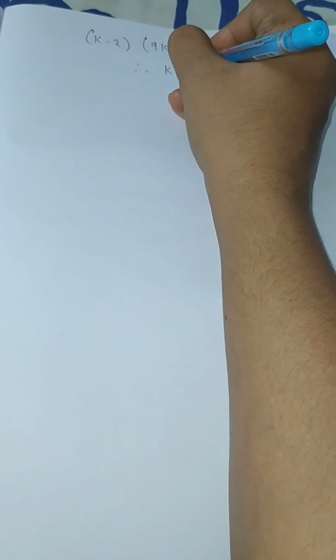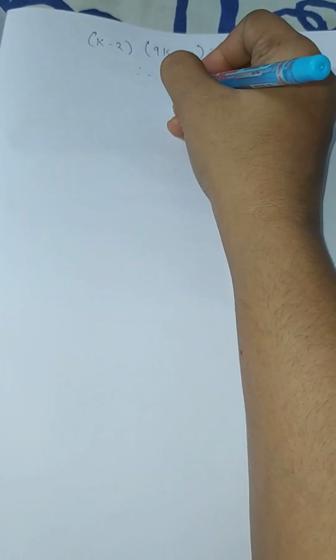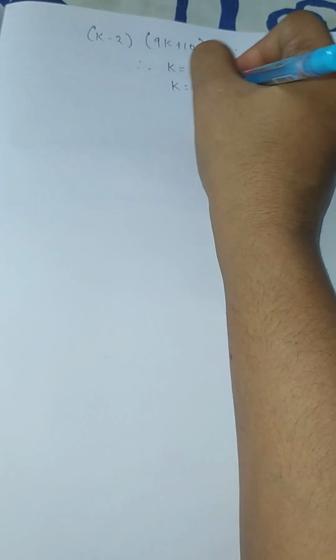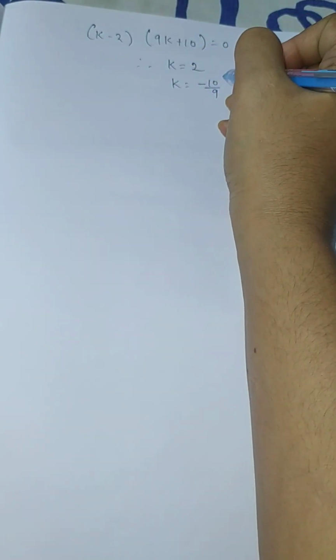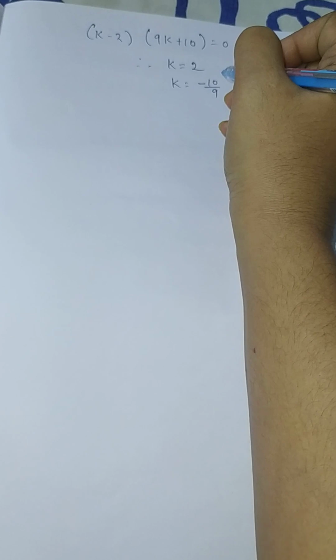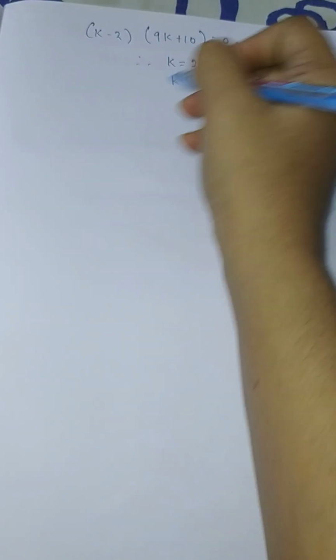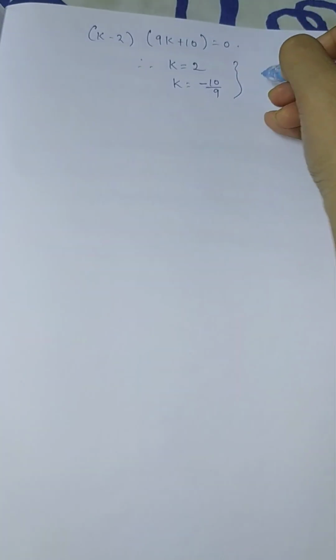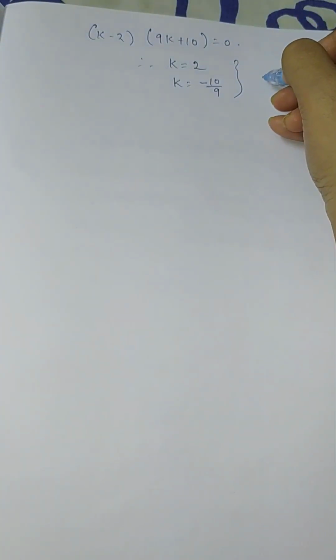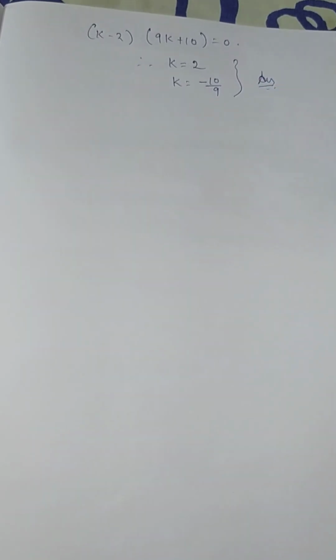So k will be 2, and here also minus 10 by 9. Right. So we have two values of k. One is 2, another is minus 10 by 9. Okay.